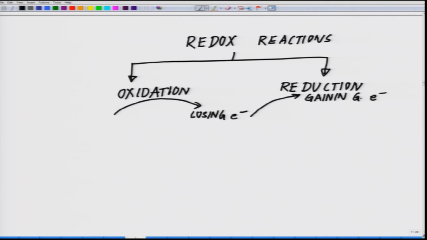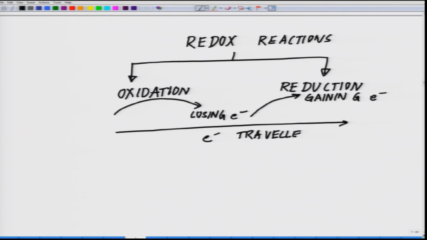So, in that process, the electron traveled, and the traveling of the electron could be tapped, or can also be considered as flow of electron.